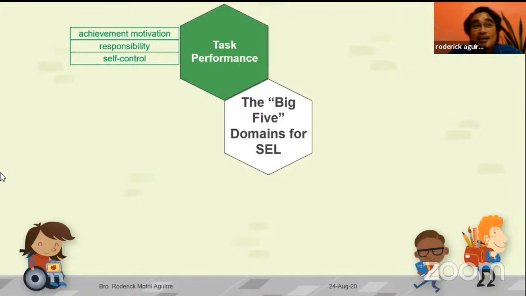Yung pong ginawa kasi sa akin ng mother ko noon, she did not deprive me of things that I want to do. I was so engrossed with drawing. I was engrossed with singing. I was engrossed with imaginary plays. Mahilig akong maglaro ng sarili ko. Siguro nakita sa mga pamangkin ko. Anyway, the point was, my mom did not deprive me of that, but she kept on reminding me that I need to study, okay? And then she would even stay at night.